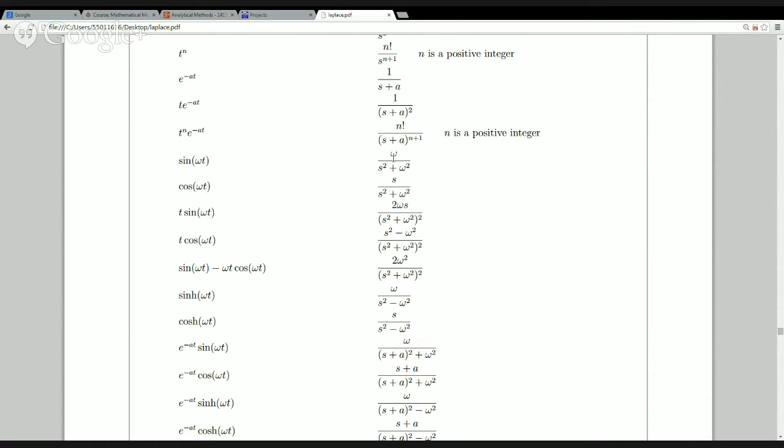Okay, so now we can take inverse transforms. We'll take the inverse transform of both sides, using linearity and results from the table.